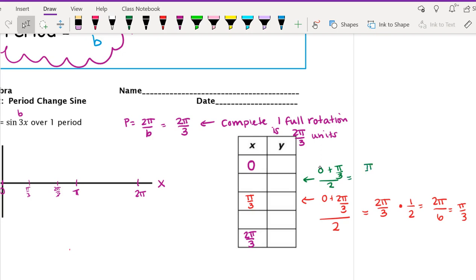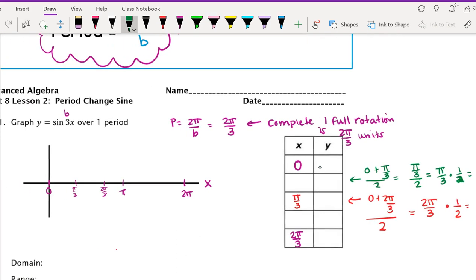So that's pi over 3 divided by 2, which is equal to pi over 3 times 1/2, which is equal to pi over 6. So that means over here, this is pi over 6.